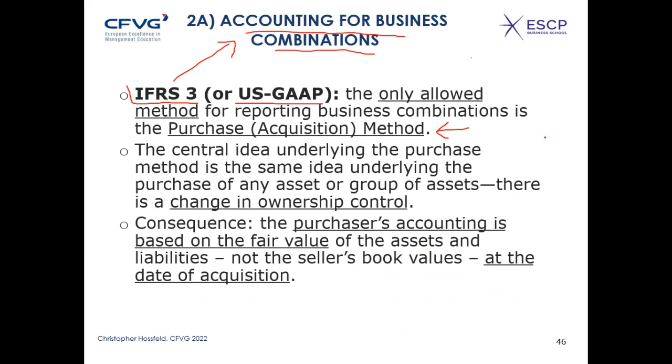Okay, and when you think about it, usually when you buy a machine, for example, what is the first balance sheet value? I buy a machine, so it's an asset, it's a non-current asset, so I have to put the machine in my balance sheet, and to do this, I need to give it a number, a first value.